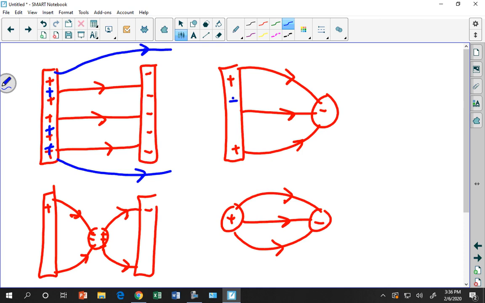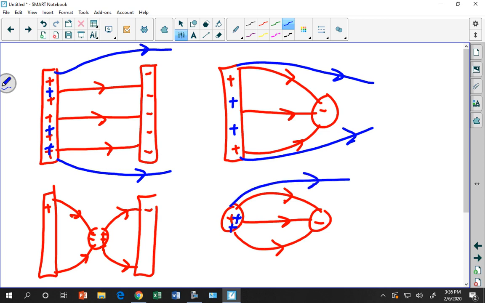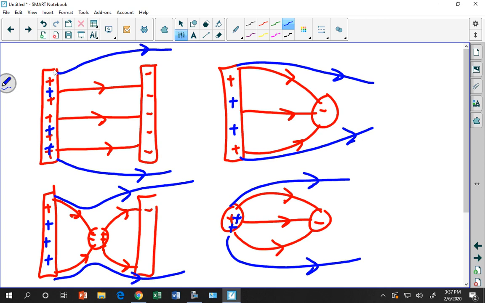Likewise, if I had extra charges here, you'd have field lines that will go off into infinity. Likewise, if I had extra charges here, go off into infinity. This one's a little trickier. If I have extra field lines here, it would sort of bend down like that and go away. Okay? The point is that you're going to have extra field lines emanating from the part that has the extra charge, the excess charge.